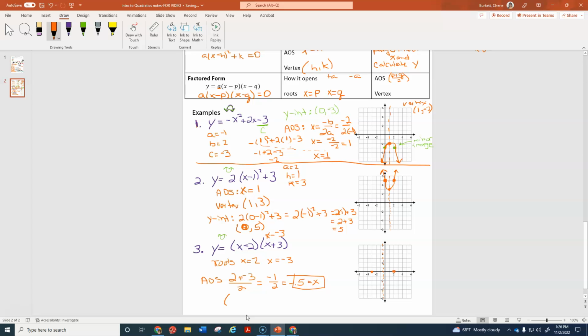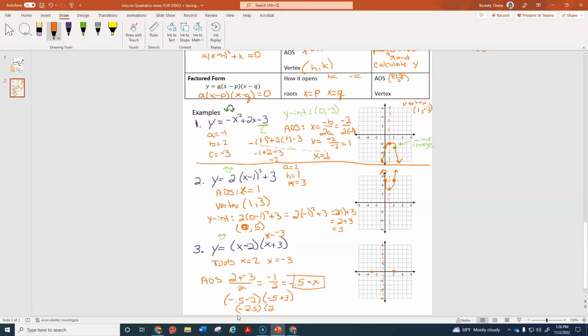So I'm going to plug in negative 0.5 minus 2, and then I'm going to multiply that times negative 0.5 plus 3. So take away a half from negative 2, no, add a half. So that's negative 2.5 times, no, it's a positive 2.5.